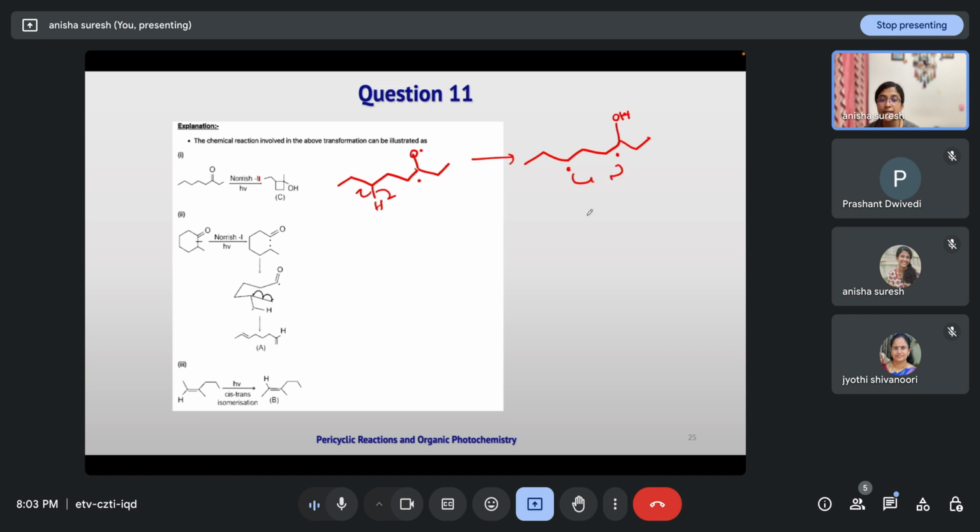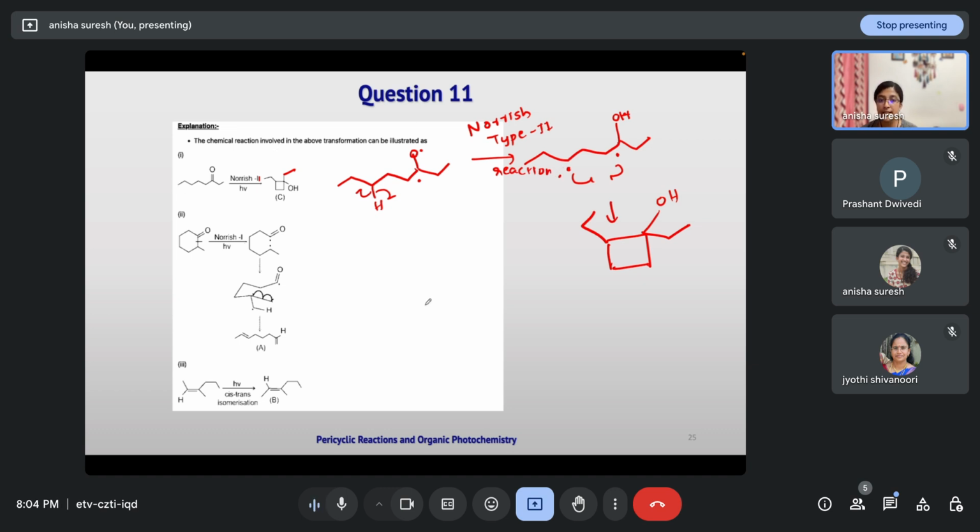Then these two radicals can recombine, leading to formation of OH. This is also CH2, okay? And nearby that another CH2 will also be there after recombination. Okay? This is undergoing a Norrish type 2 reaction.